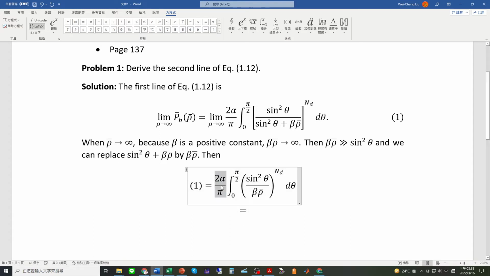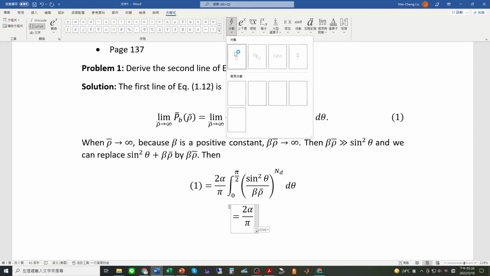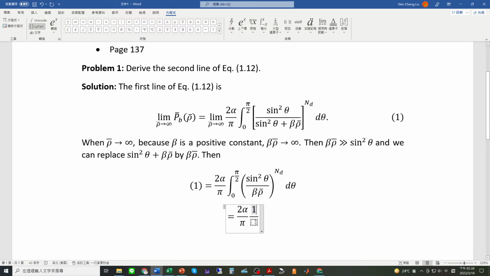Then the 2 alpha over pi remains the same, and we can see that beta rho bar is a constant. So we can move it out of the integration. After moving it out of the integration, it is equal to 1 over beta times rho bar.